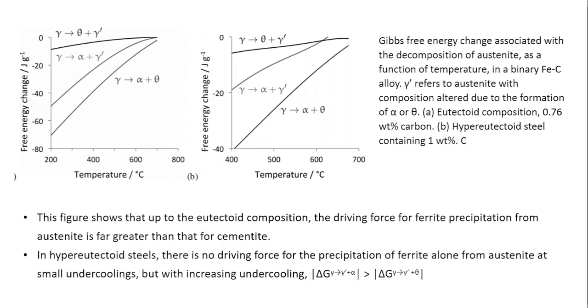So again we have the free energy change which is plotted as a function of temperature. Here I have gamma prime, which refers to austenite with composition altered due to the formation of alpha or theta. Say for example, from original gamma, if theta is separating, then the remaining portions of gamma will have a different carbon concentration because theta is rich in carbon.